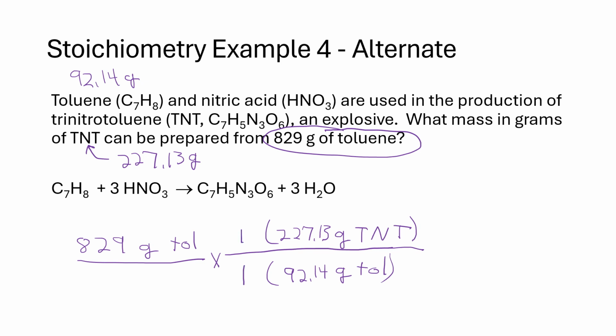And for both chemicals, both TNT and toluene, the coefficient is a 1. And if I run all of that through my calculator, once again, rounded to 3 sig figs, I'm going to get 2040 grams. And it's going to be grams of TNT because the grams of toluene have canceled out.